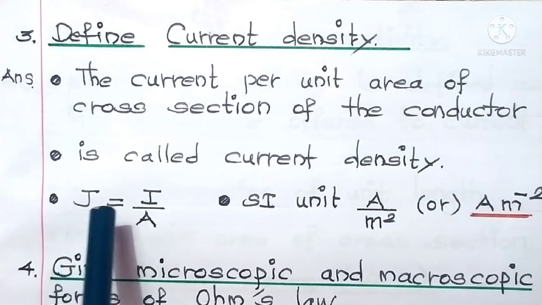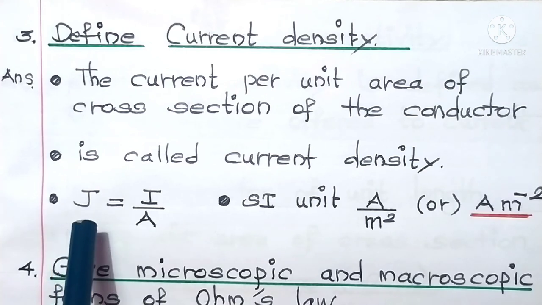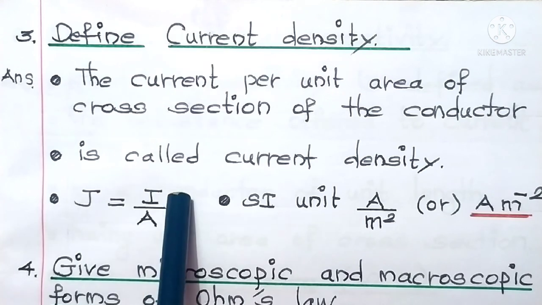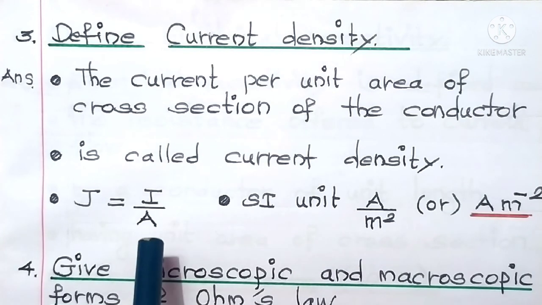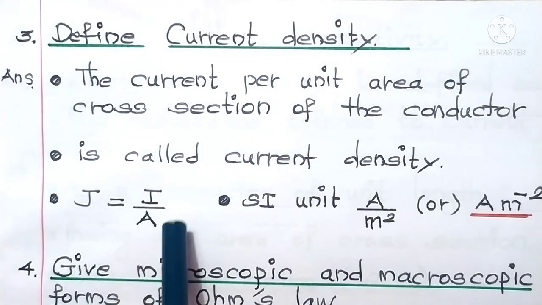So the expression for current density can be written as capital J. This capital J stands for current density, which is equal to current by area. In other words, current by unit area. So capital I stands for current and A stands for area.